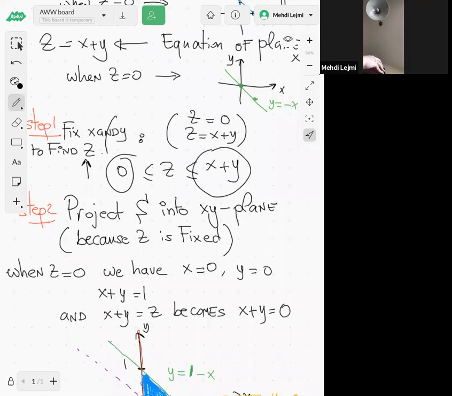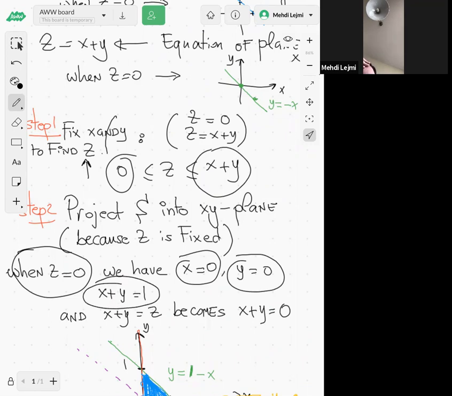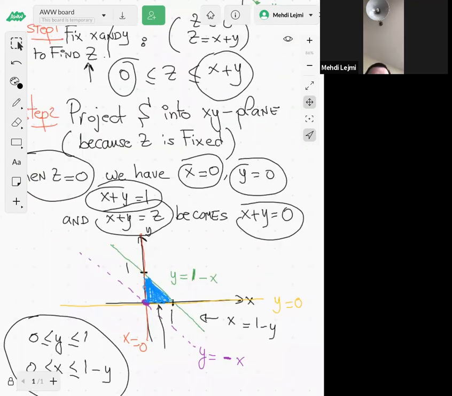So in step 2, you take the projection into the xy plane. So z must be 0 in the xy plane, which means you substitute z by 0. I have x equal to 0, y equals to 0, x plus y equals to 1, and then x plus y equals to z would be x plus y equals to 0. And then you just have to graph these equations, and then you have to find the bounds, of course.